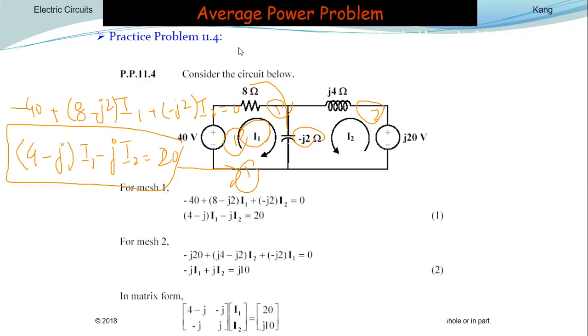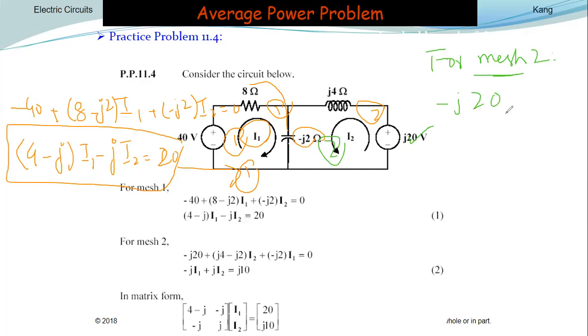Now I have to find the equation for mesh number 2. For mesh 2, it will be minus j20, this value.